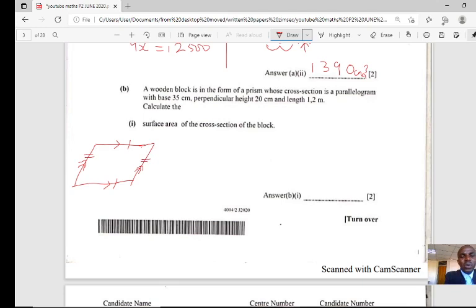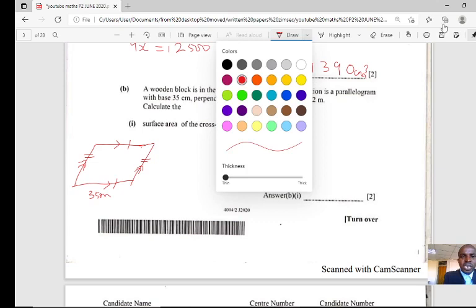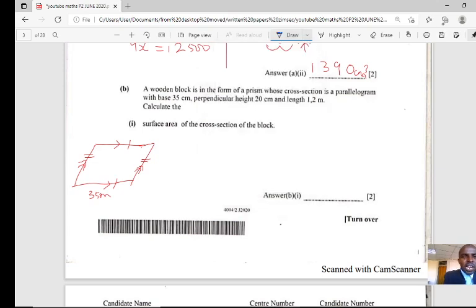Then this one is the base. It's given there as 35 centimeters. Then the perpendicular height is given as 20 centimeters. So I can put my height here in different ink. The height is 20 centimeters.